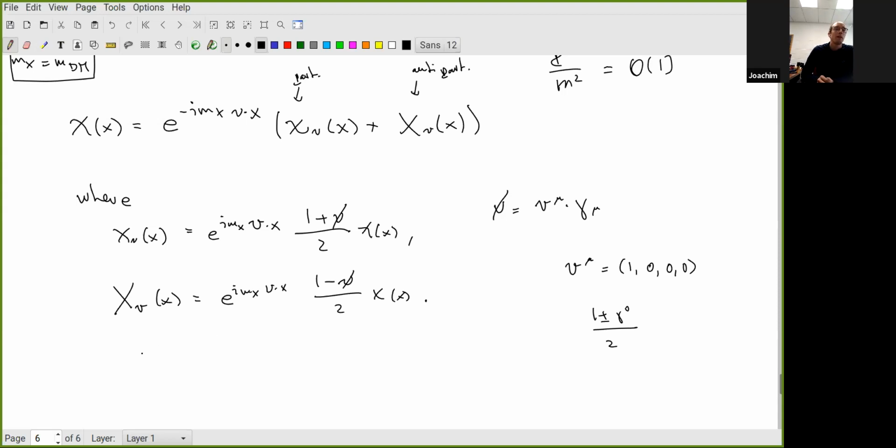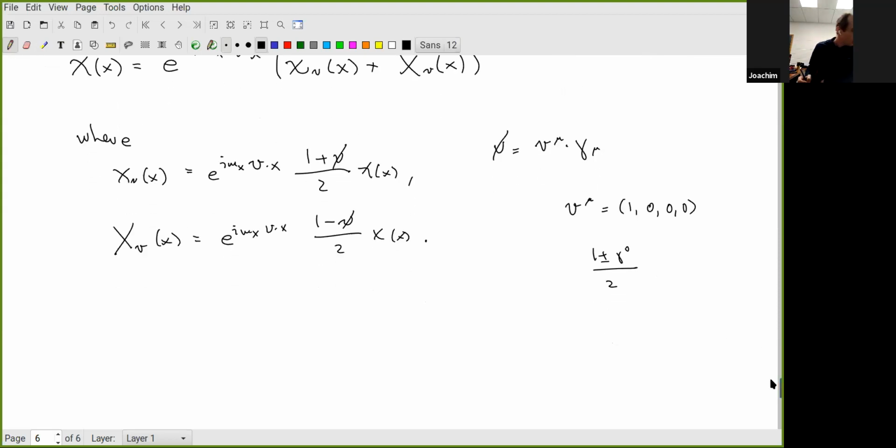That's something that is also done in usual quantum mechanics. That's called a Foldy-Wouthuysen transformation, in case you have heard of this. It's essentially the same thing. You just want to pick out always the particle components. That's what this projector does.